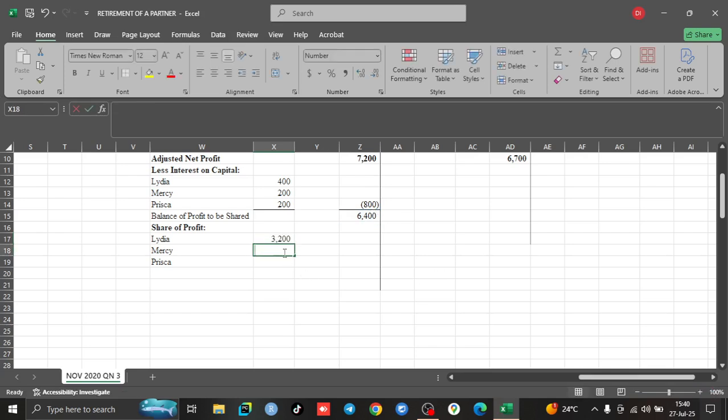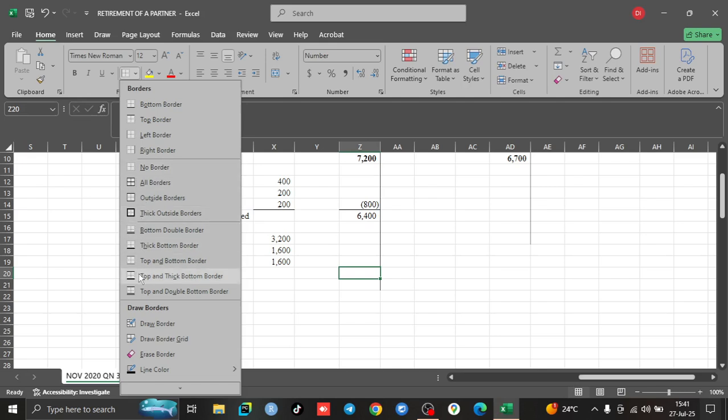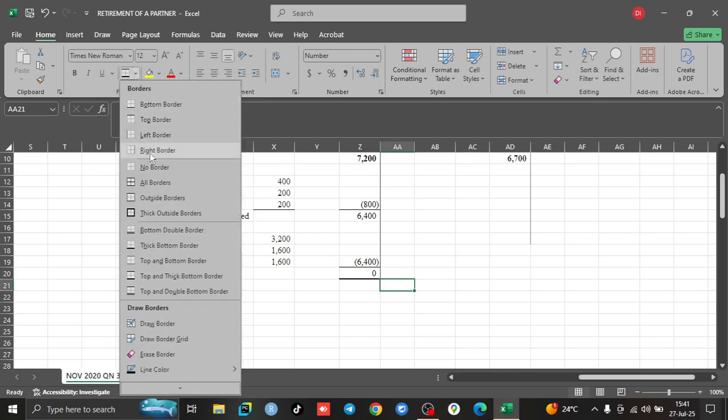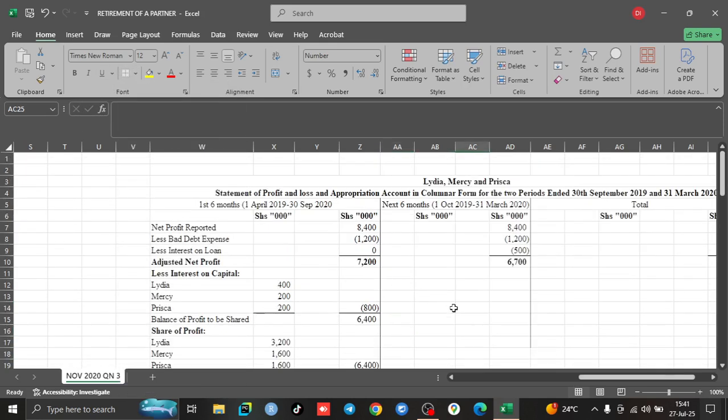This will be a quarter of the 64, and this as well will be a quarter of the 64. So it's just apportioning because you should not remain with anything at the end of this duration. You are apportioning everything to the partners. So I'll do the negative sum so that now when I apportion it, we have 0 at the end, like so. So that is for the first 6 months.